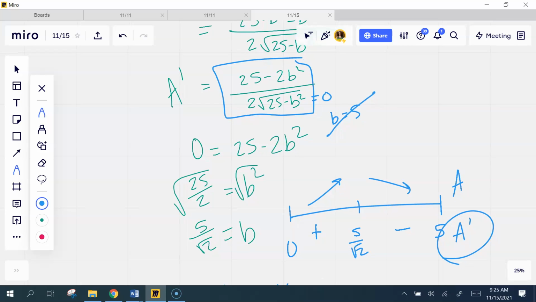And now you can type your equation, 25 minus 2x squared divided by all of this. You'd need parentheses, of course, and hit enter.